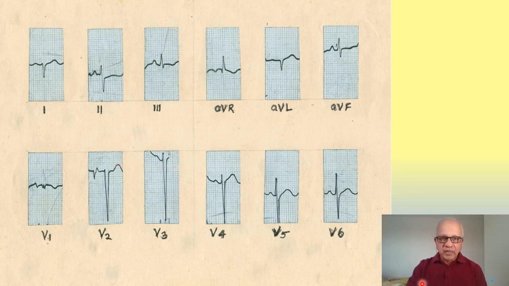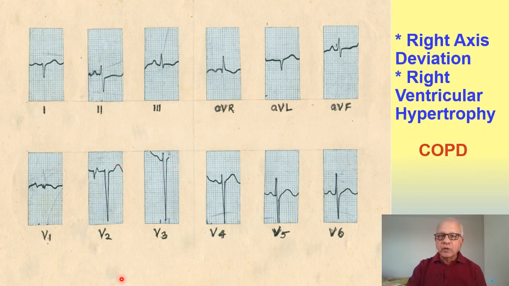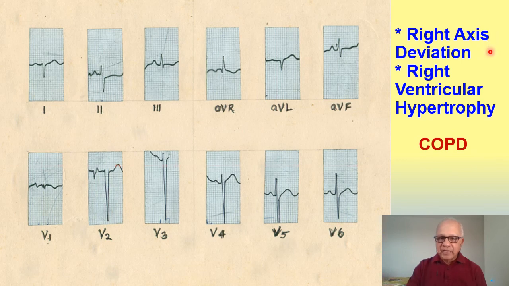So this patient has right ventricular hypertrophy. All this put together would suggest a chronic obstructive pulmonary disease. Possibly he has an exacerbation in the last 1 week, which has aggravated his dyspnea and caused the desaturation in blood. So friends, I hope that you have been able to answer all this properly. Right axis deviation, RVH and COPD in this patient.